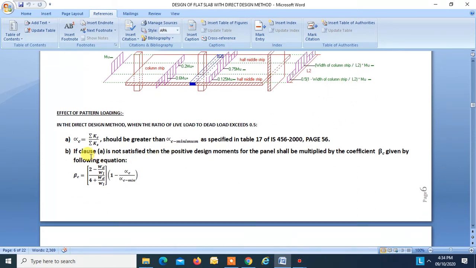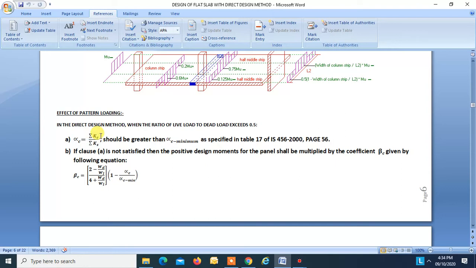Now, a very important point is to check for the effect of pattern loading. In the direct design method, when the ratio of live load or imposed load to the dead load exceeds 0.5, then you have to do the check for pattern loading. If it is less than 0.5, then it doesn't matter. So in that case, alpha C is to be found. Alpha C is sigma Kc by sigma Ks.